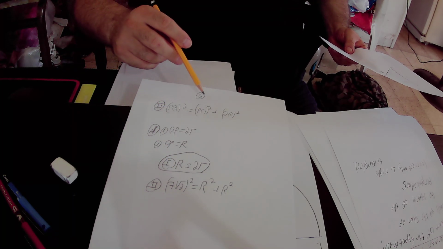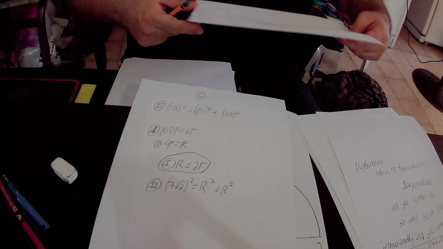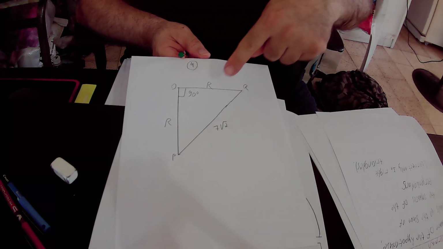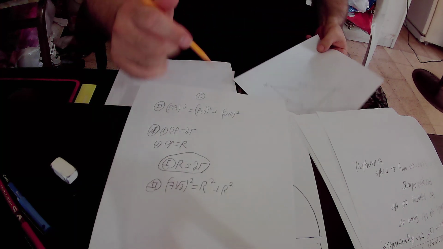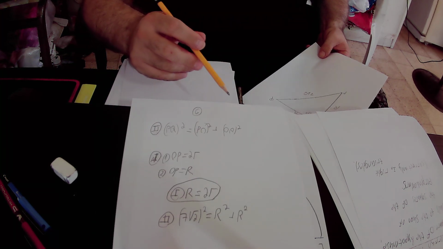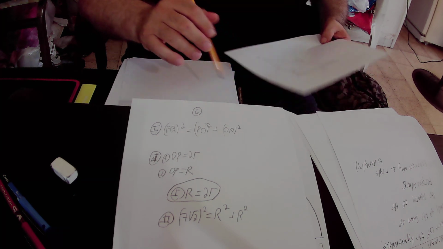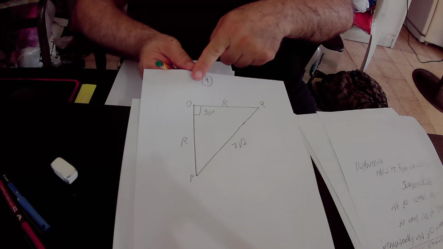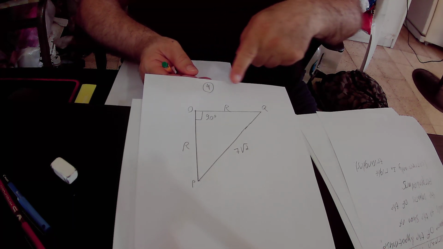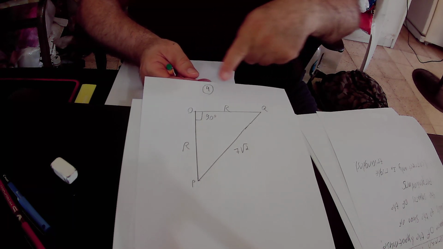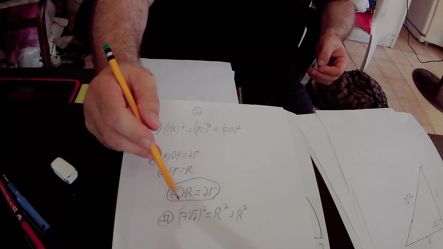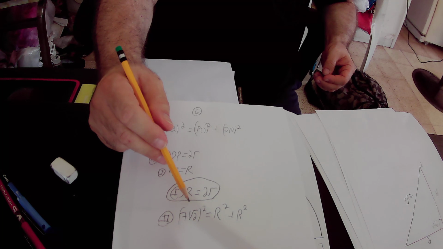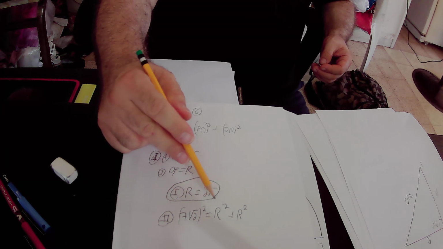PO equals R, so PO square will be R square, and we also have plus OQ square. And as you see, in the drawing OQ also equals R. So OQ square will be equal to R square. Okay, so in total we got for the second equation that 7 times root 2 squared equals R square plus R square.